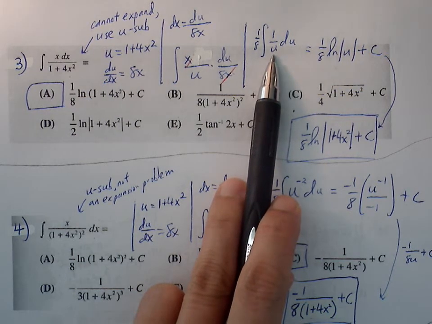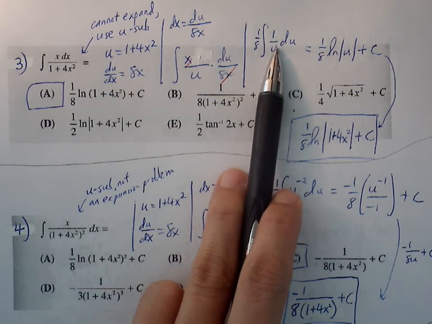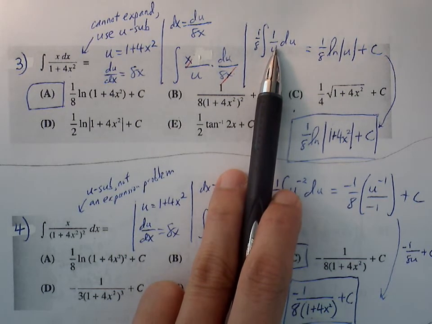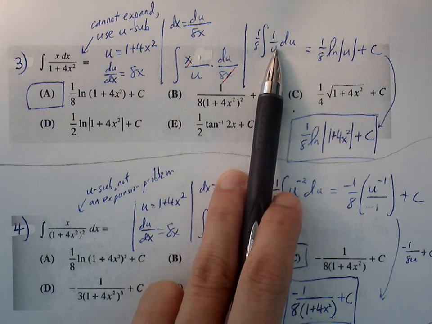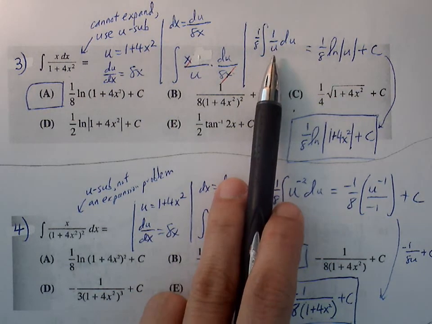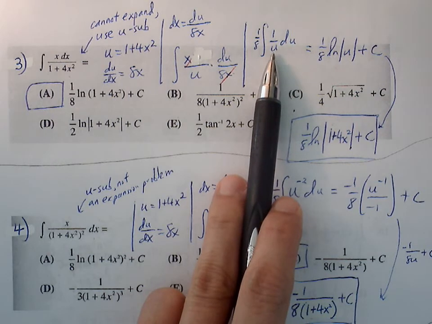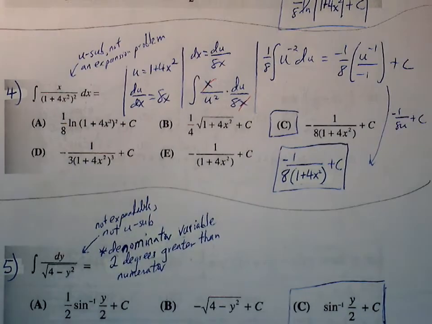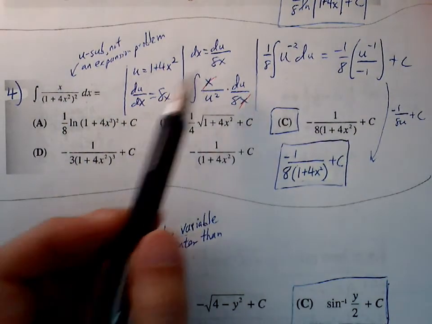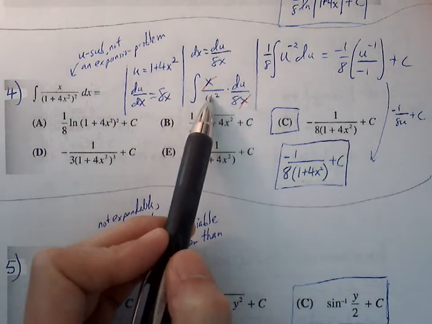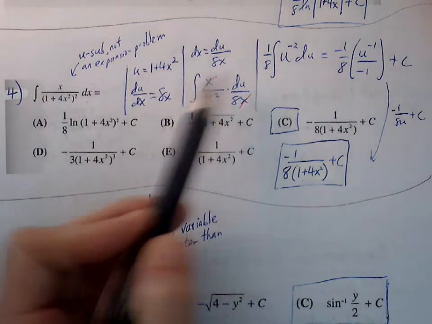If it's u to the first power in the denominator, we have to go through natural log, because if we force it up to the top and make it u to the -1, we're going to attempt power rule, but it's going to fail. We're going to get u to the 0 over 0. So this is the only time we use a rule different than power rule. If it's a degree that is anything other than u to the first power in the denominator, we're going to have to bring it up to the top and make it go through power rule.